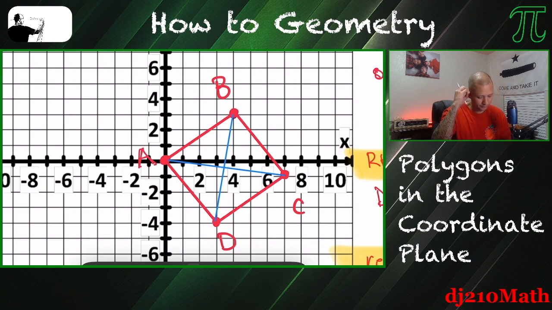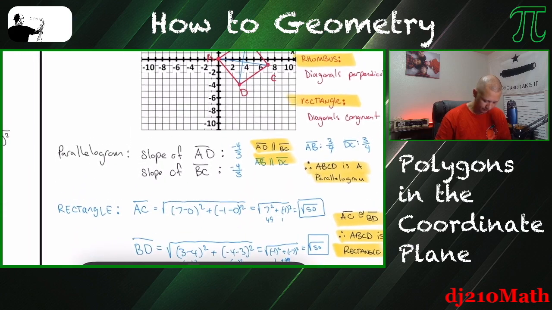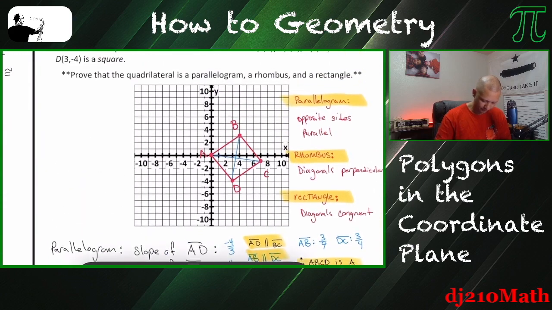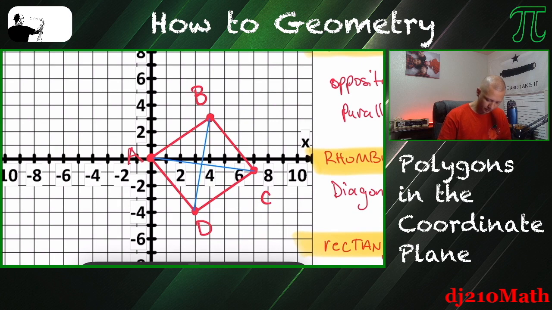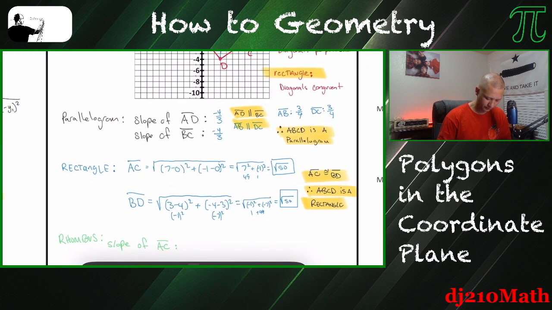So looking at AC, starting at A, counting down, so negative 1, and then to the right 2, 3, 4, 5, 6, 7. So negative 1 over 7.